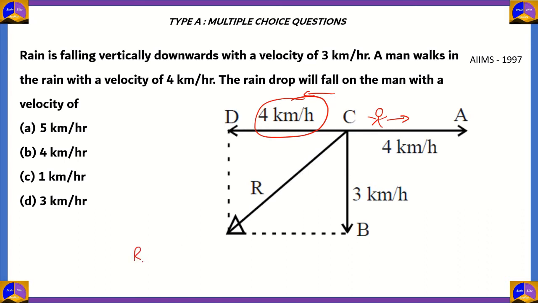So the resultant R will be the square root of the sum of the squares of both these values. So R will be equal to the root of 4 square plus 3 square.